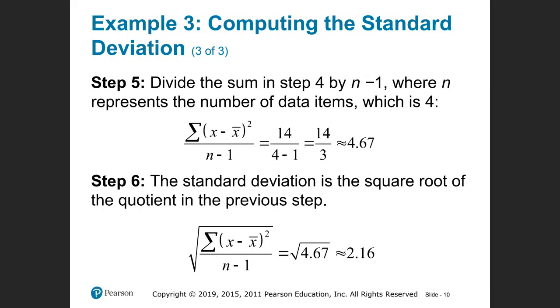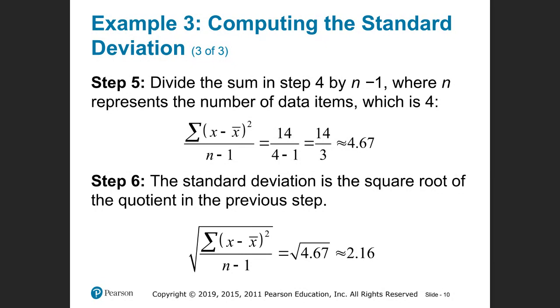Step 5, divide the sum in step 4 by n minus 1, where n represents the number of data items. In this case, the number of data items is 4, so we're going to use 3. The summation for the numerator is going to be 14. 14 divided by 3 is approximately 4.67.